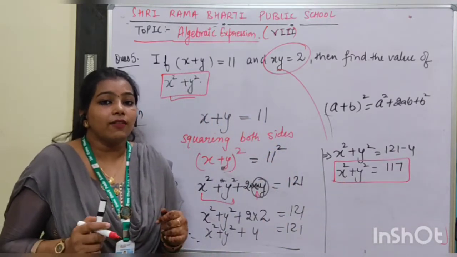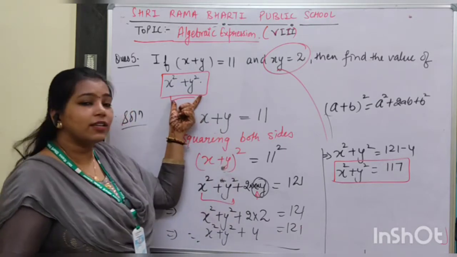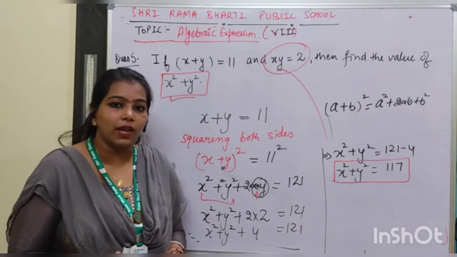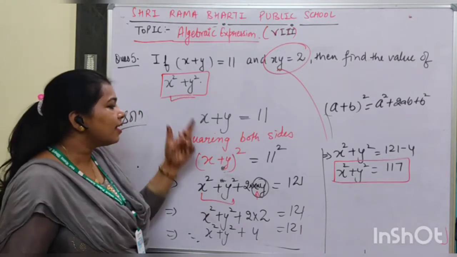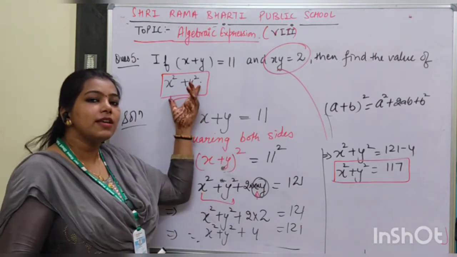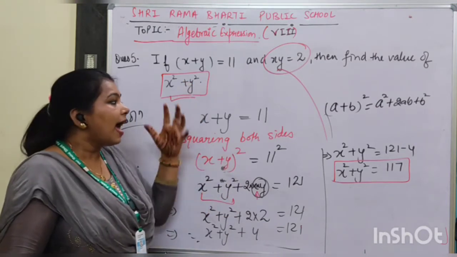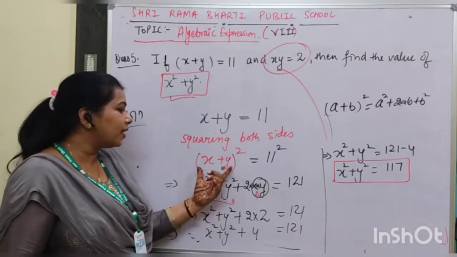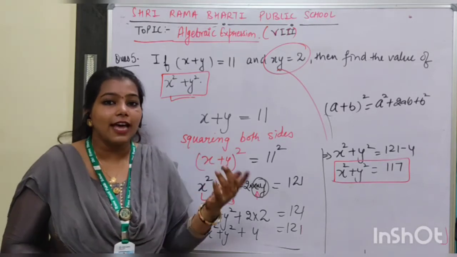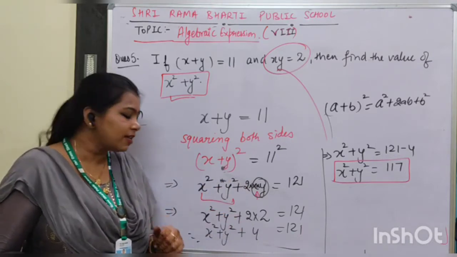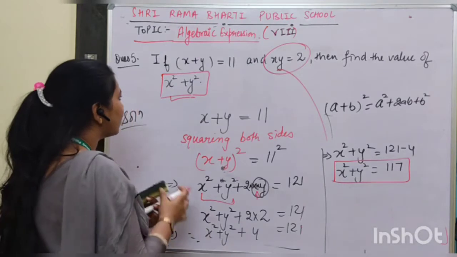Whenever the question asks you the value of these kinds of expressions, if the square is there, by squaring both sides we can find the value of the given expression. And after squaring, we have to see whether it is forming the first identity structure or the second identity structure, right, children?